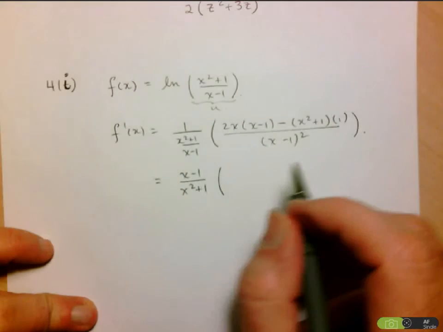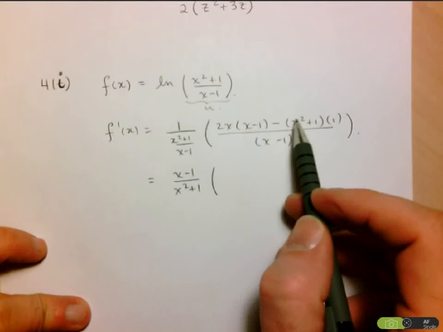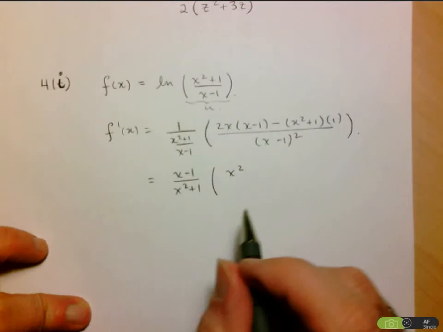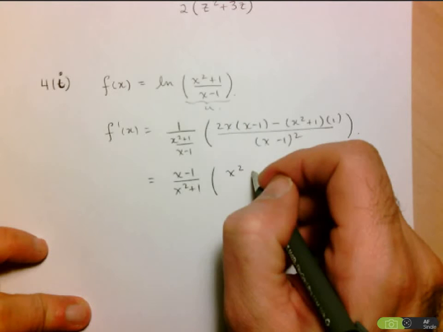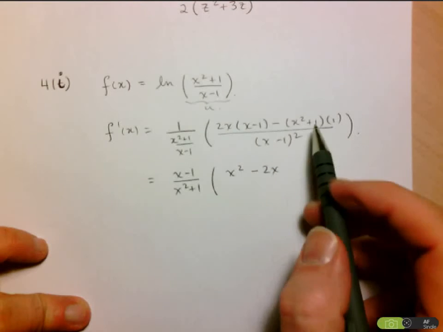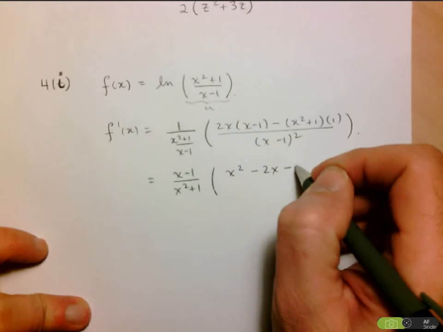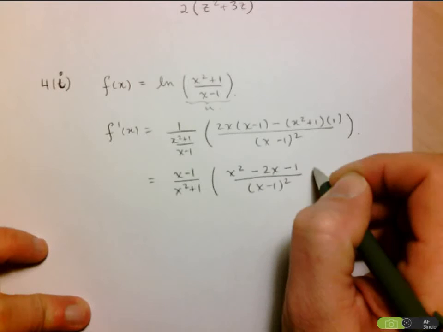Then here we've got 2x squared minus x squared, so we're just left with x squared. Then a minus 2x, and then a minus 1, all over (x minus 1) squared.